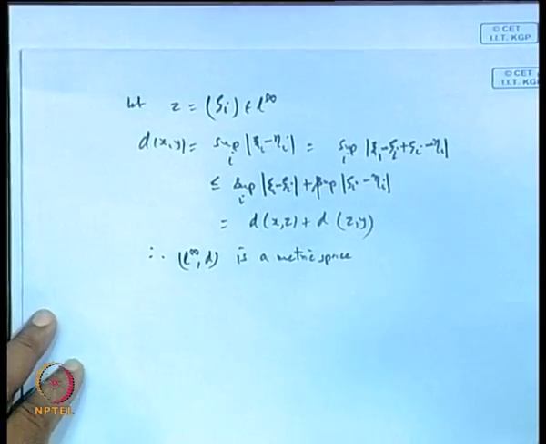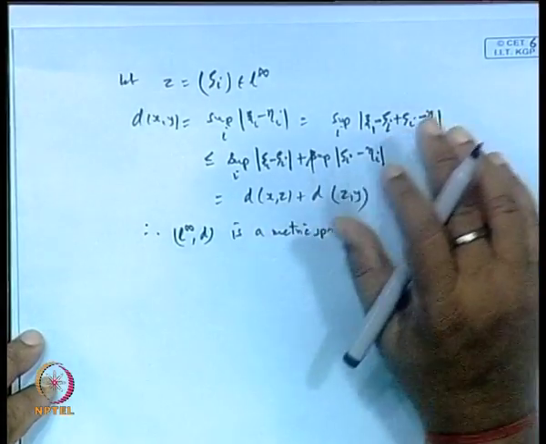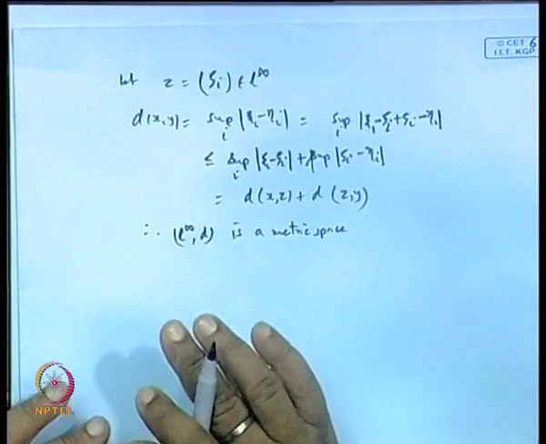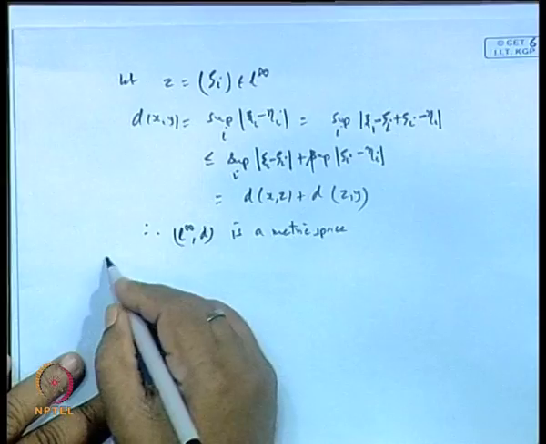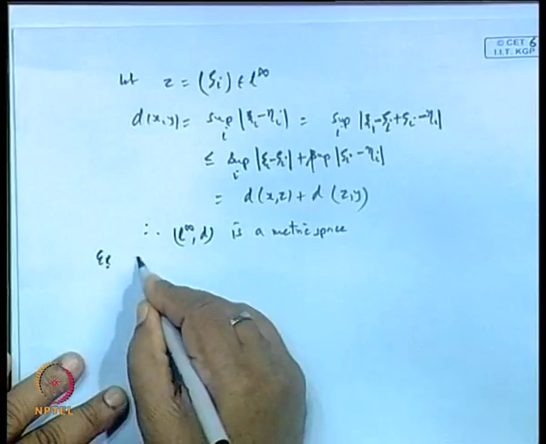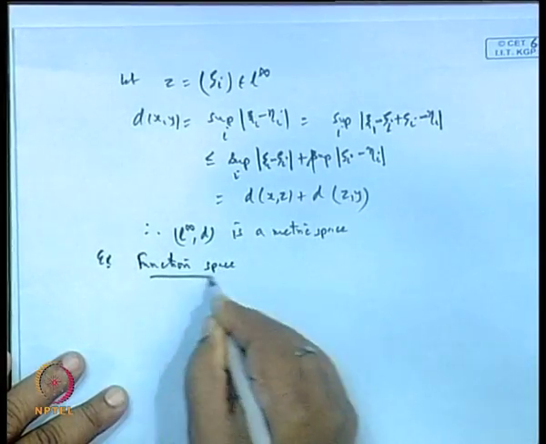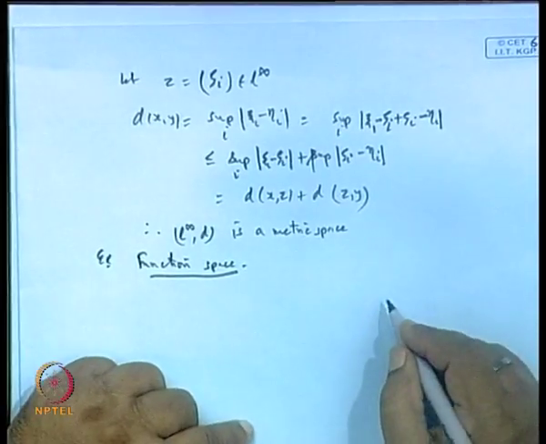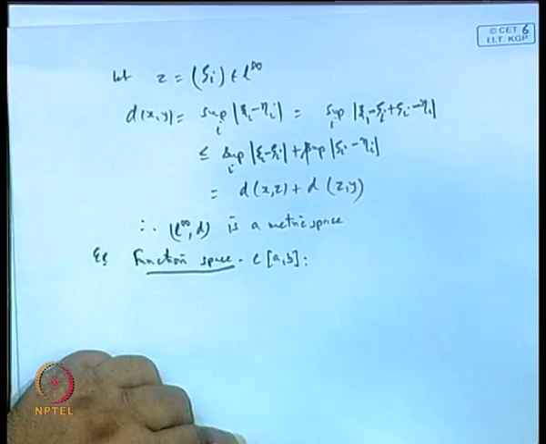And this is a very interesting metric space. Now, so far we have seen the real numbers, complex numbers, and then sets of sequences. One example of a set of sequences we have seen is l-infinity. Now, see the function space. Here we take X as the function space, say C[a,b]. What is C[a,b]?